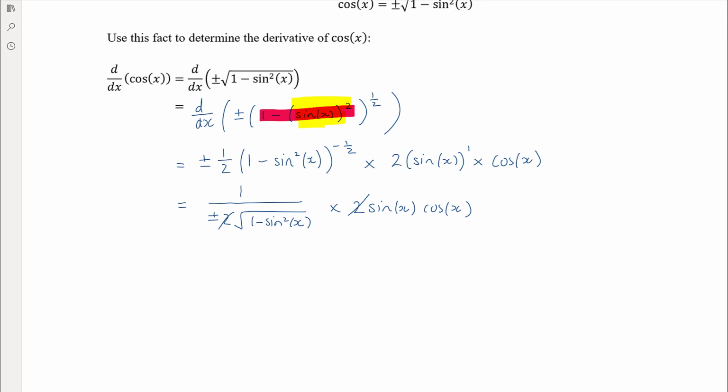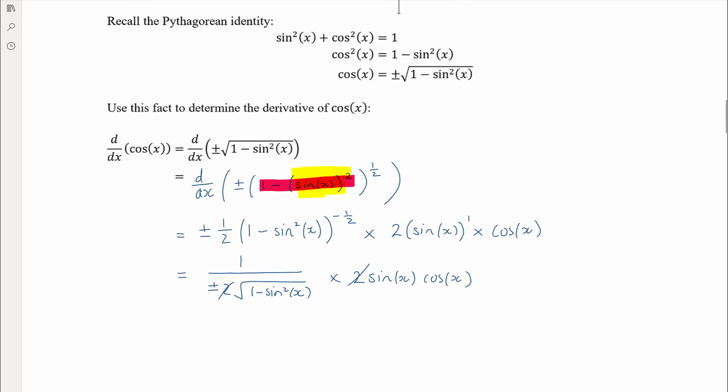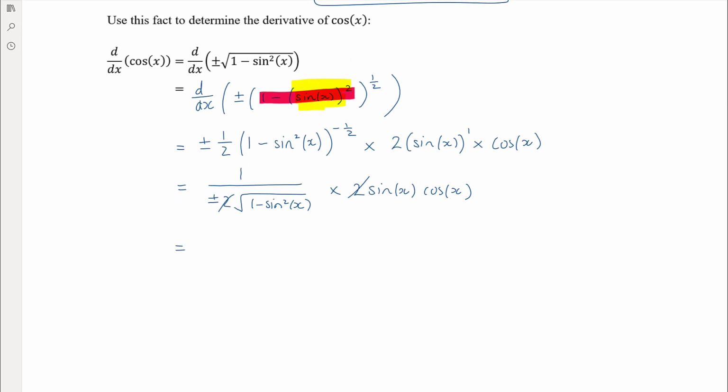Now plus minus 1 minus sine squared x is cos x. So this is 1 on cos x multiplied by sine x. Oh, sorry, I lost a negative somewhere. So when we took the derivative of the inside, that should have been negative.